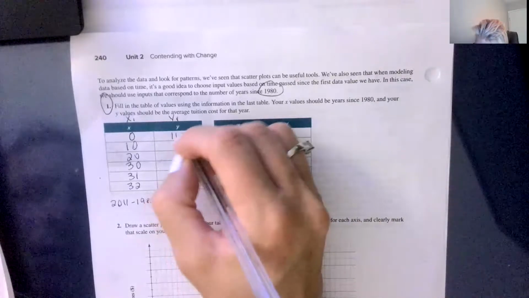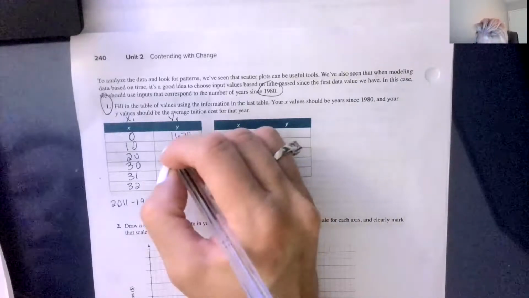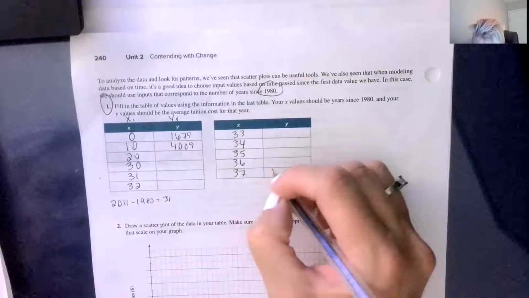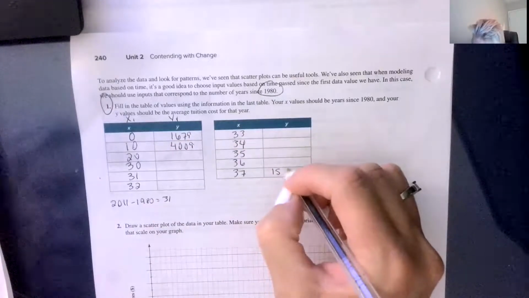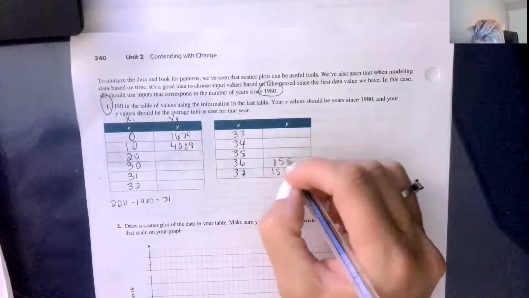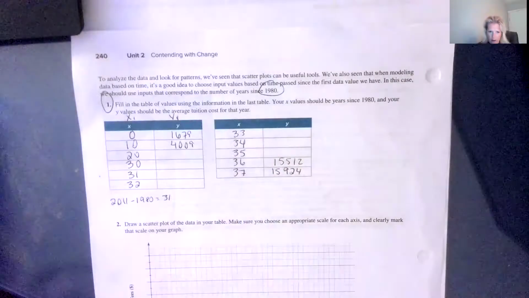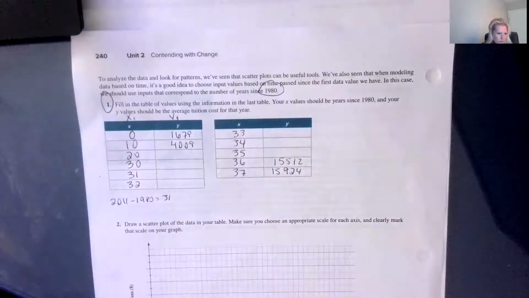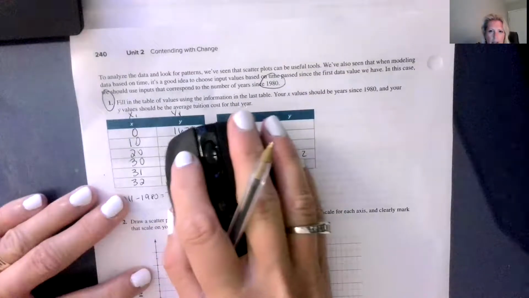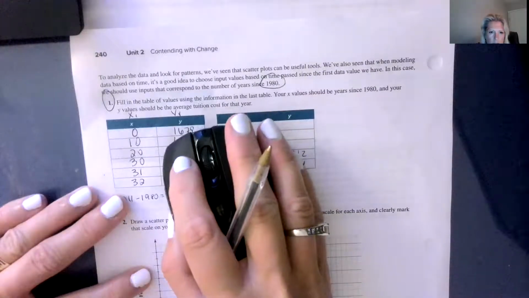And then, of course, we're going to have our values here. You don't have to enter them all here because you're going to go to Desmos and enter them there, with your years. So let's go ahead and go to Desmos.